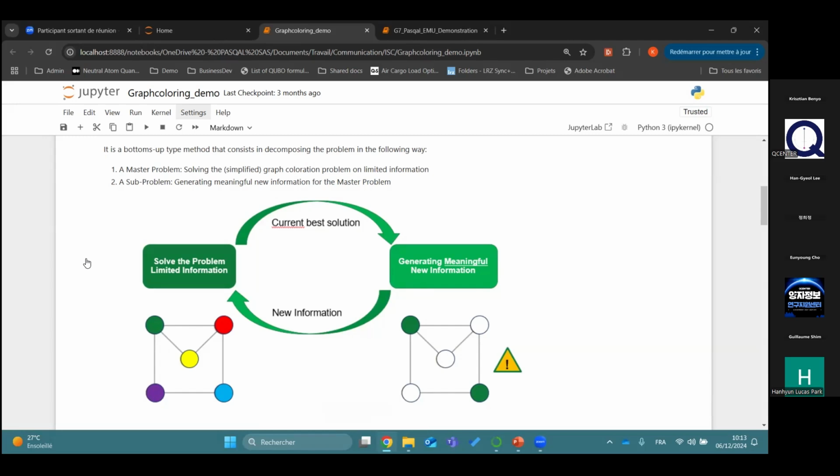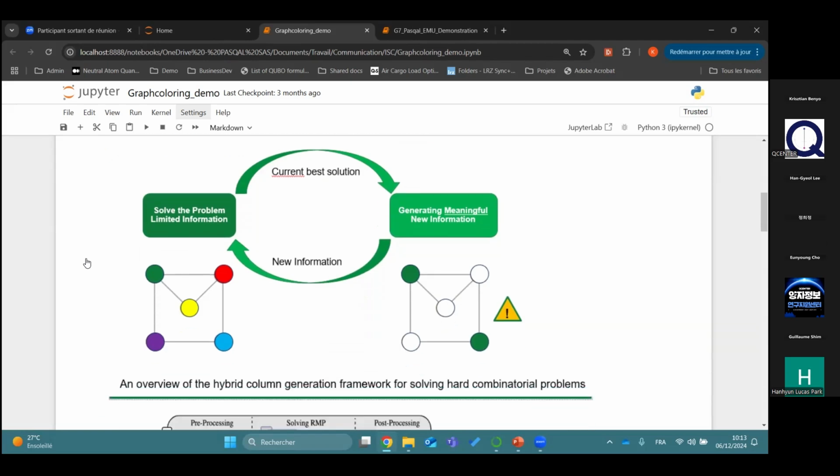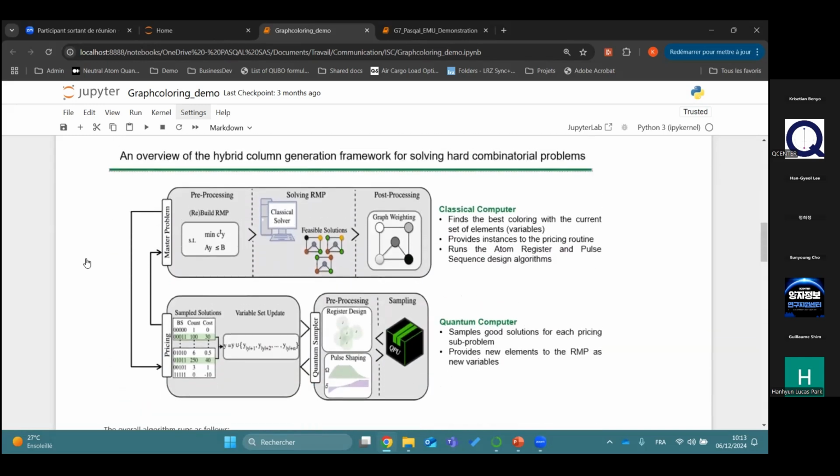Again, we are tasked in building a master problem which is supposed to find the right graph coloring based on a limited number of scenarios to be tested. And we are building with Pulsar the quantum component to identify new scenarios, in this case, to find large independent sets with some extra considerations in order to ensure a good convergence.